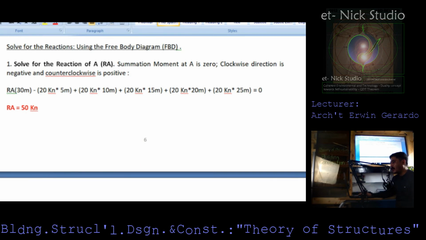Solve for the reaction of A. Summation moment at A is 0. Clockwise direction is negative and counterclockwise is positive.